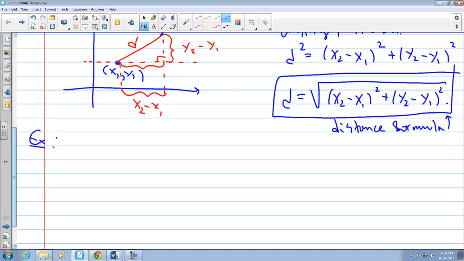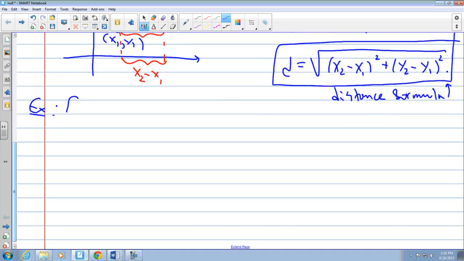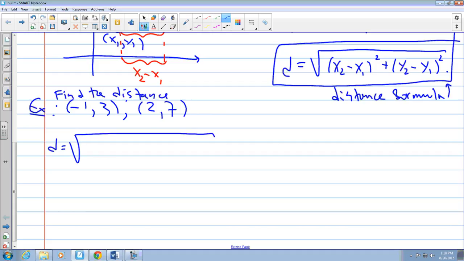So for example, if the two points are (-1, 3) and (2, 7), I can find the distance in between. So d equals the square root, and then we're just going to subtract the x values.